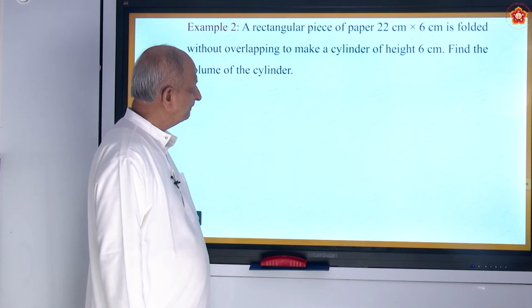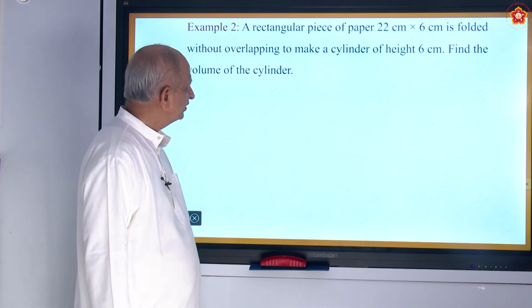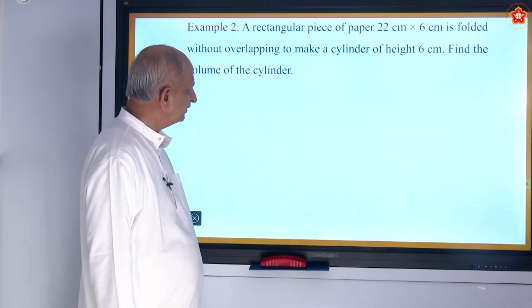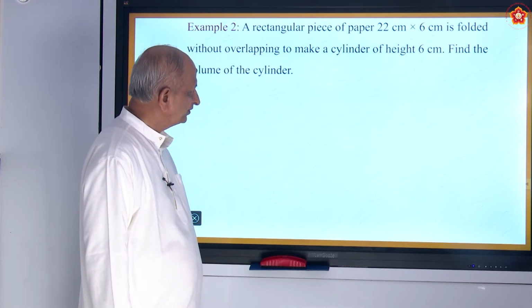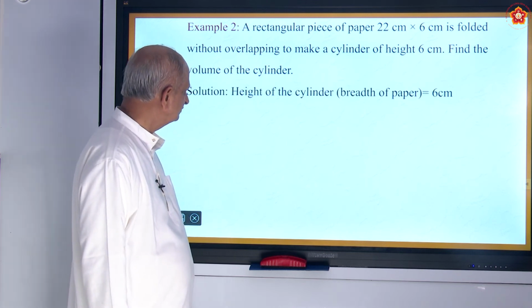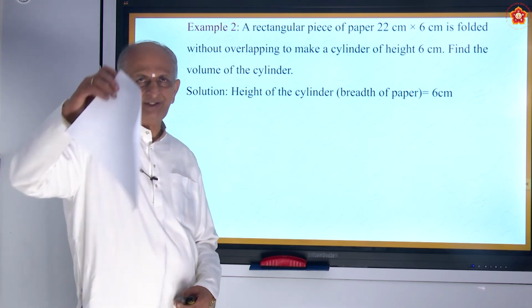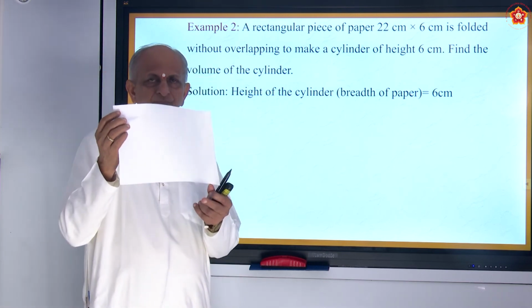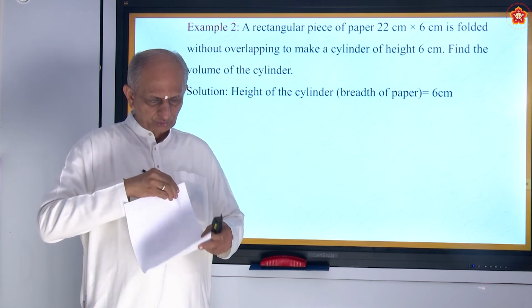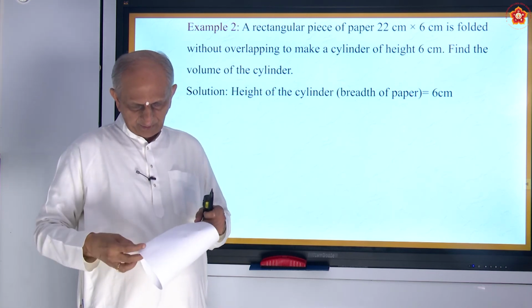A rectangular piece of paper 22 centimeters by 6 centimeters is folded without overlapping to make a cylinder of height 6 centimeters. Find the volume of the cylinder. Just now I showed you, this is a rectangular sheet of paper. Here overlapping should not be there, only the ends should meet. You can have a cellophane tape.